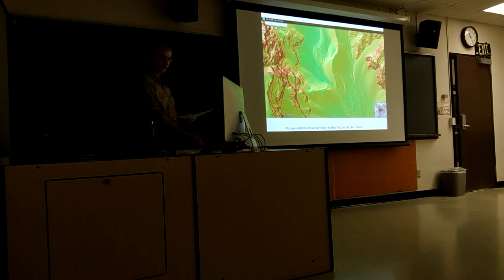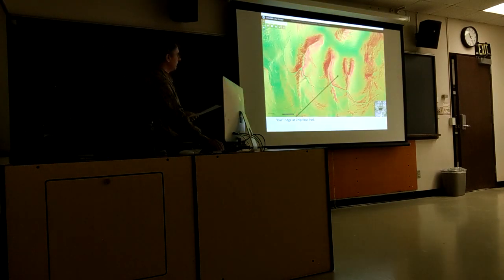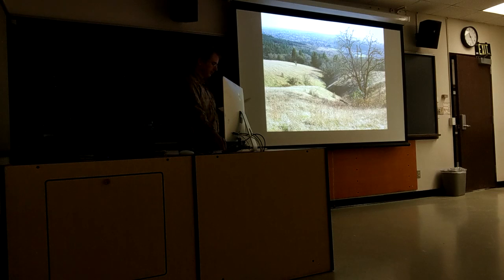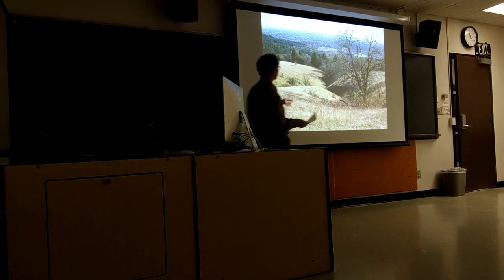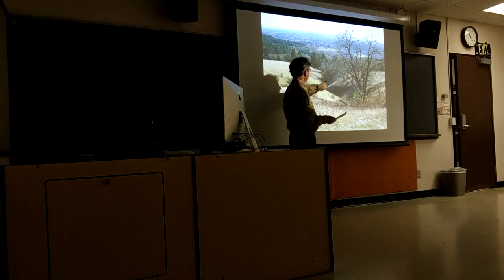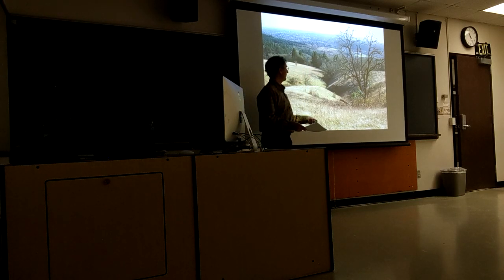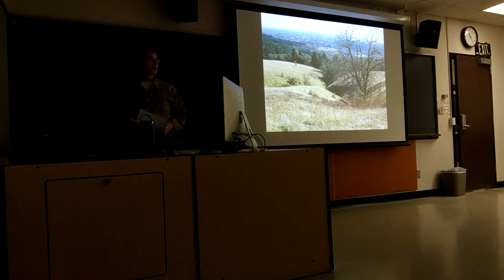Okay, so in the first case, we've got a soil mantled slope, bounded by these, maybe put it in quotes, streams. But I have seen water flowing down there. It just doesn't happen very often.